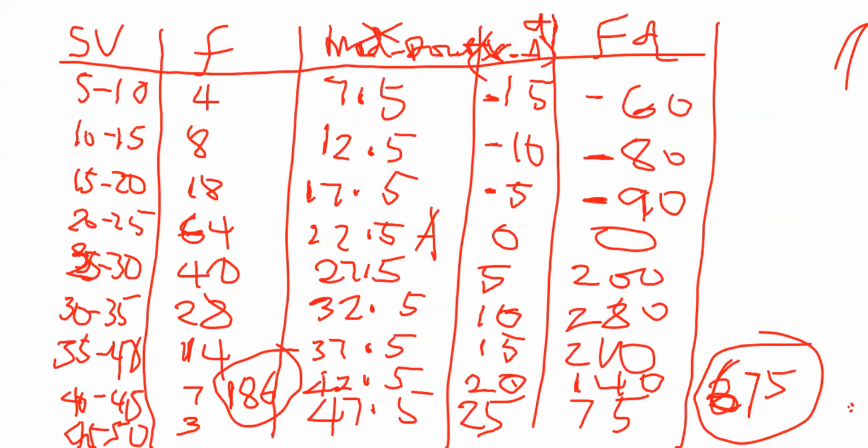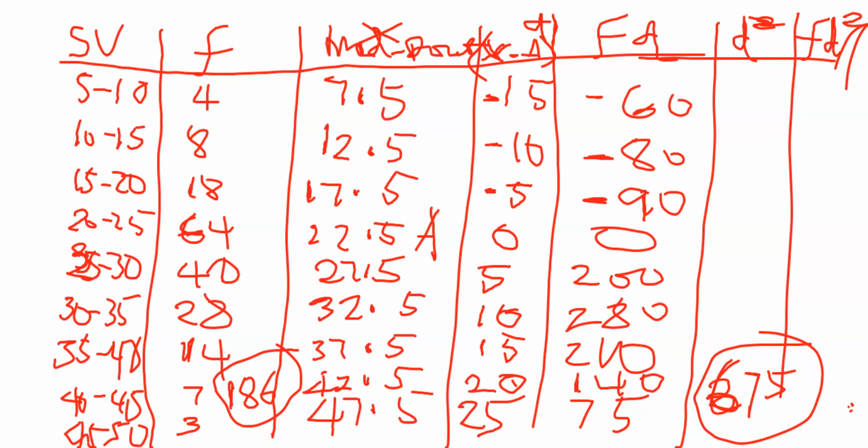I believe it's here. This is the table. Yes, sir, this is it. You put D square, D raised to power 2. You now put another column, F D square. Is that okay? Yes, sir.